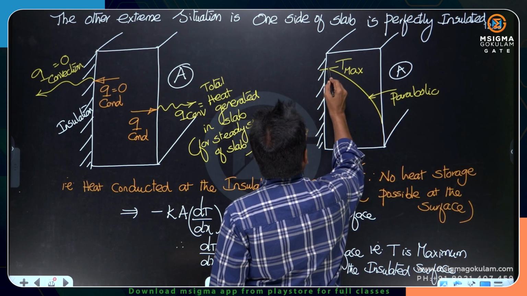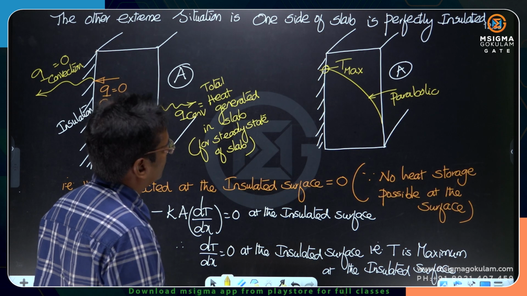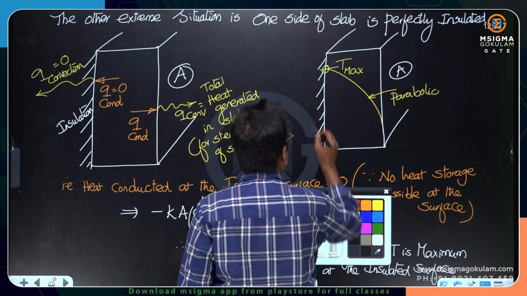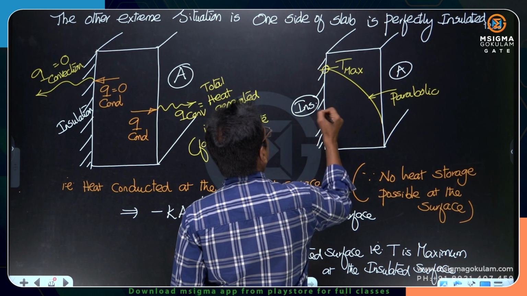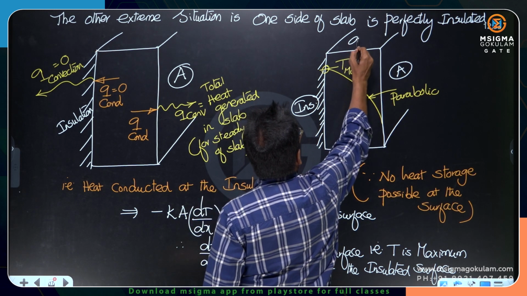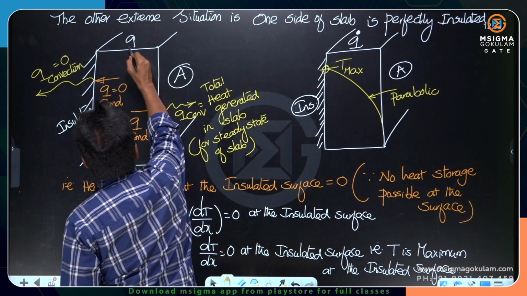This is the maximum. So when one surface is insulated like this, you see the maximum there. Of course, there is uniform heat generation throughout.